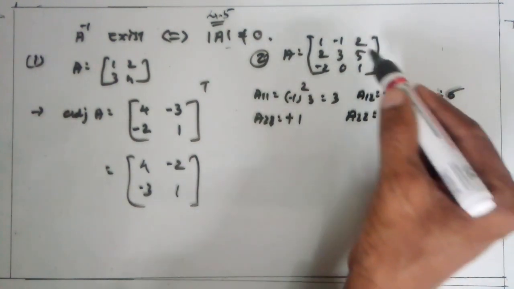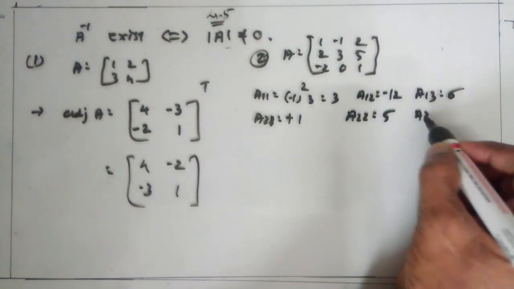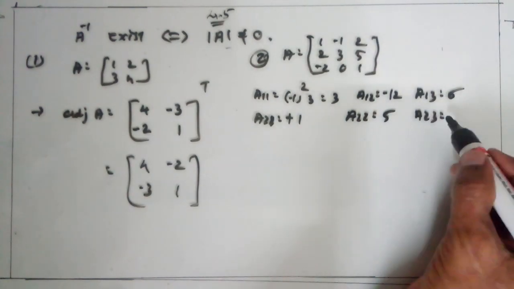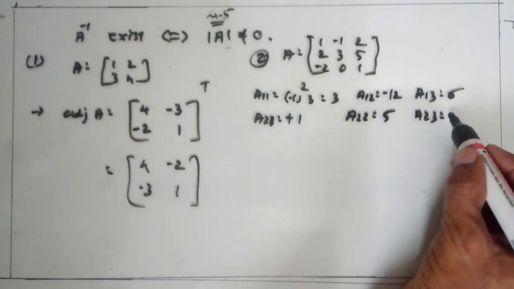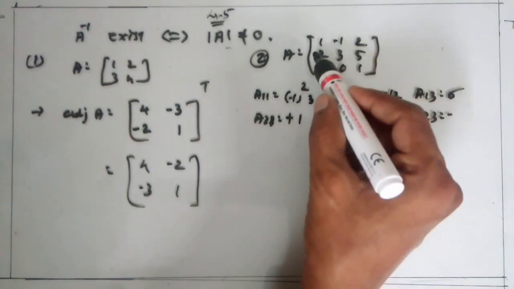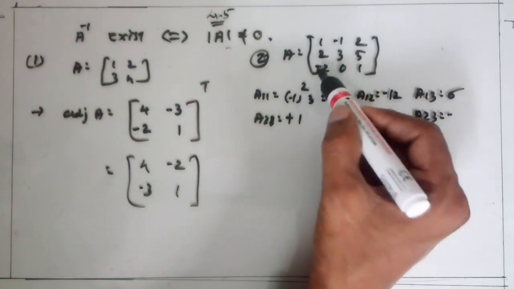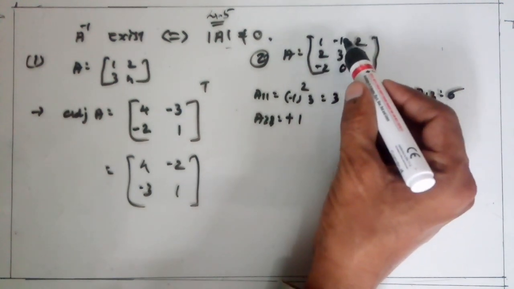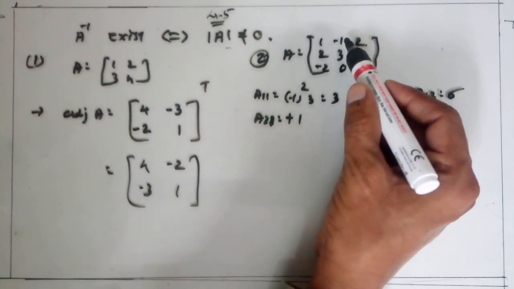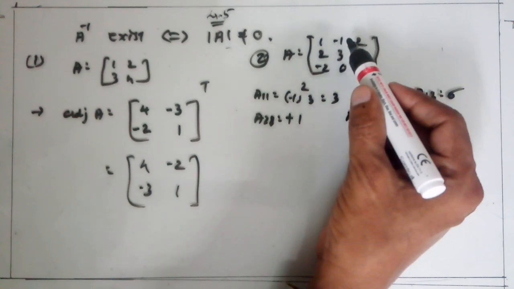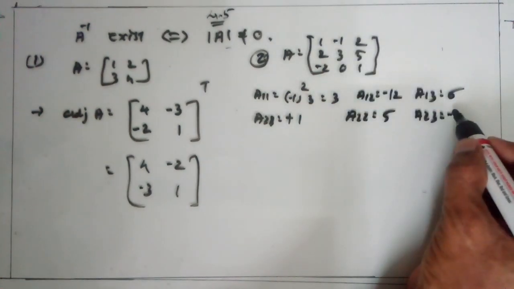Clear this? Similarly A23 is equal to (minus 1) raised to 5, becomes minus, and here remove this row and column, so the product of these two, 0, the product of these two, minus 2, minus 1 plus 2, into minus, that is minus minus plus here. Clear?